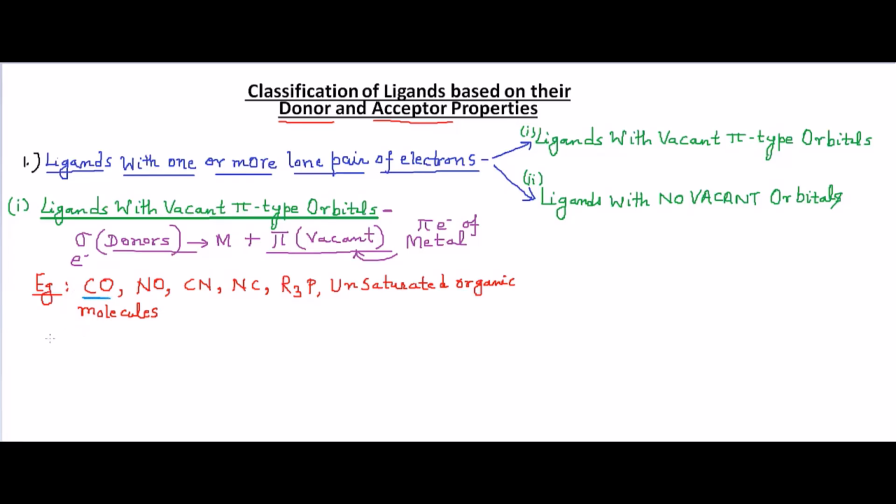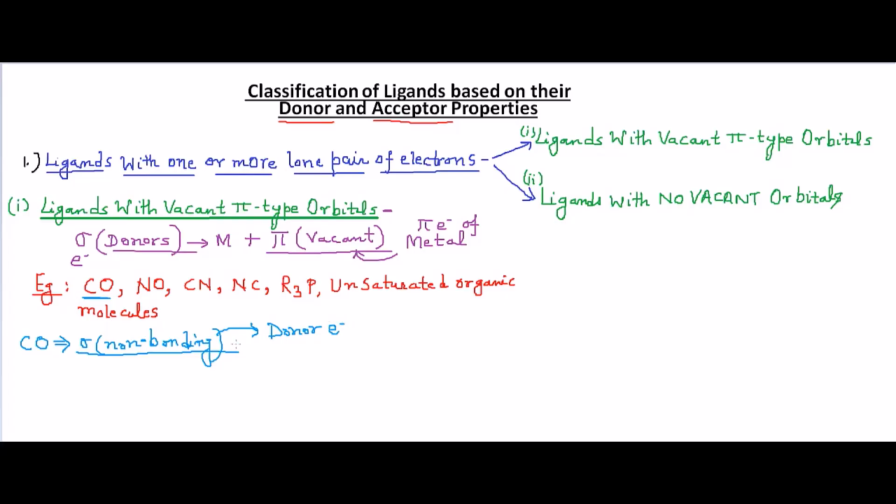In that you can see that the carbon monoxide molecules contain the sigma non-bonding electrons, right? These kinds of electrons are not involved in any kind of bonding, which means they are free for donation. So these are in the sigma molecular orbitals, and these are the donor electrons which can easily donate to a metal ion.